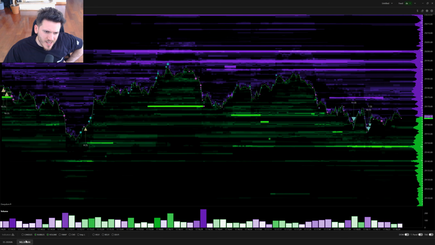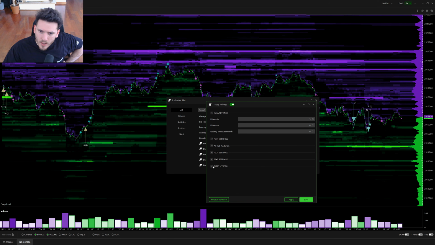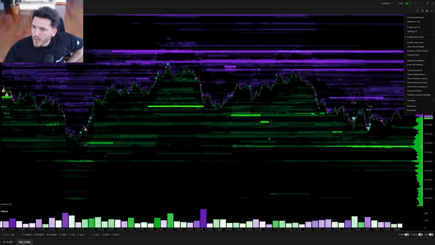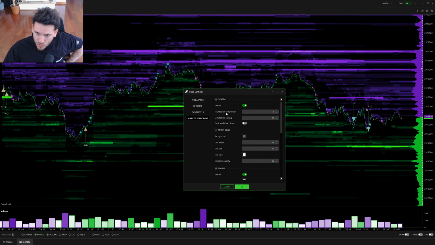Alerts for icebergs, I think that's probably more doable. Alert settings, yeah, alert iceberg, you can enable it with a minimum threshold, for example, of 15, and you can apply. And this is going to basically give you an alert at every iceberg. I'm also going to play around with properties, where you have the market regime, market structure, and you can have it on a dedicated chart area.